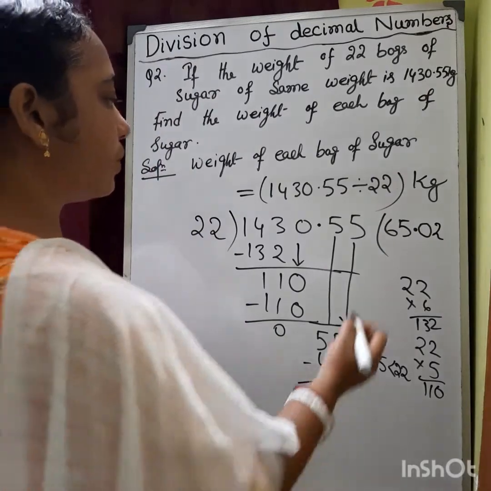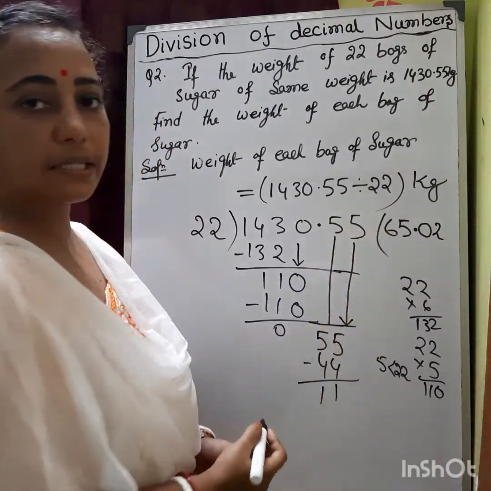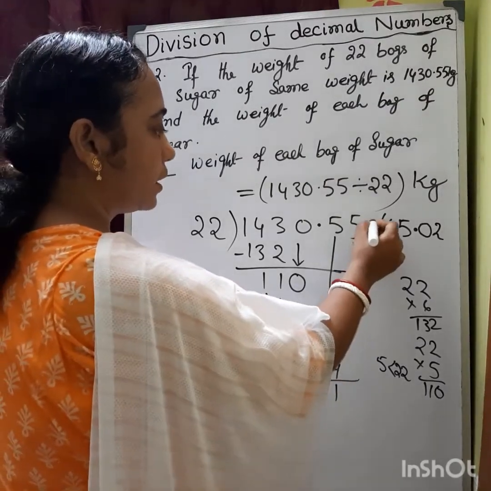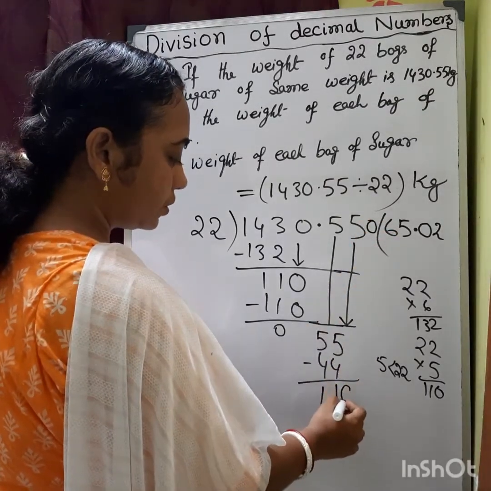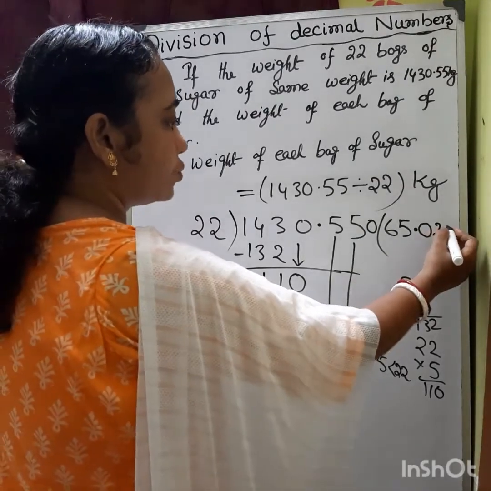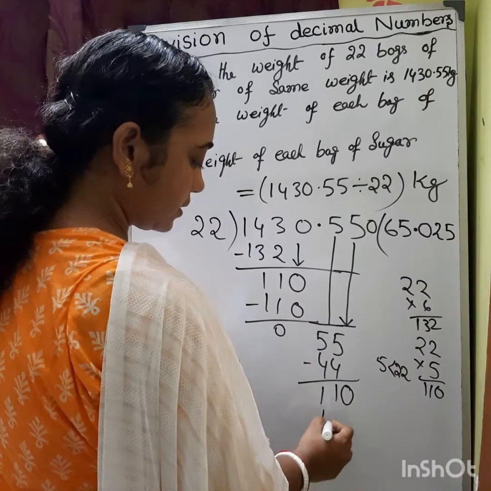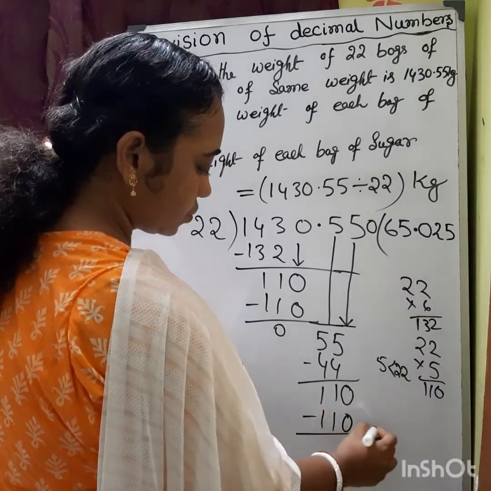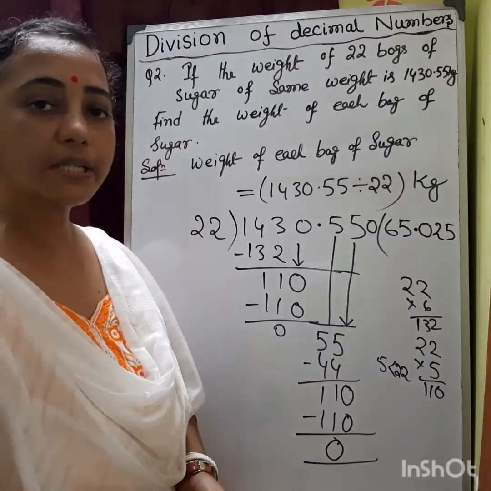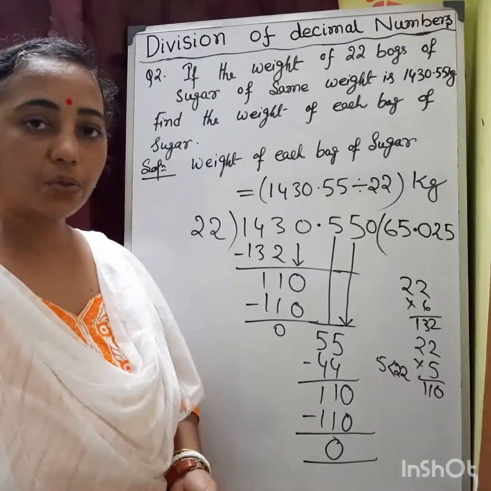There is no digit left in the decimal part, so we put 0 here and bring down the 0 to the right of 11. Then if we multiply 22 by 5, we get 110. We subtract them and get 0. As we get the result 0, we stop our calculation.